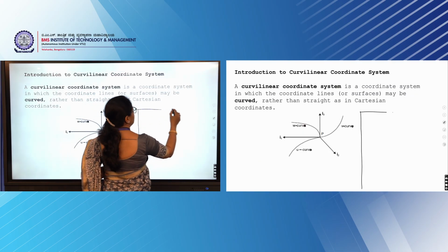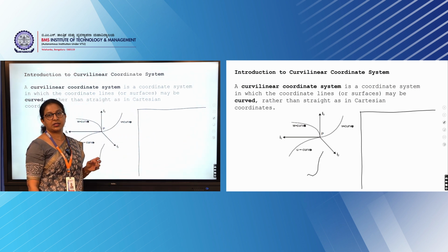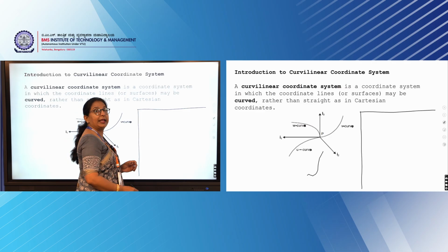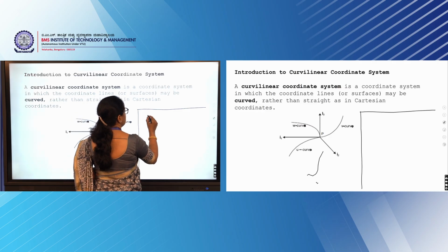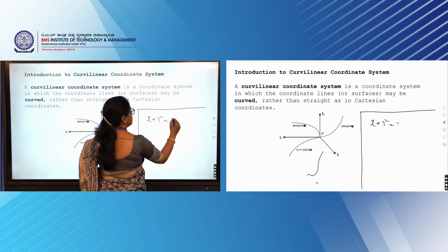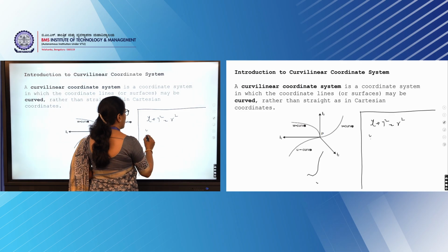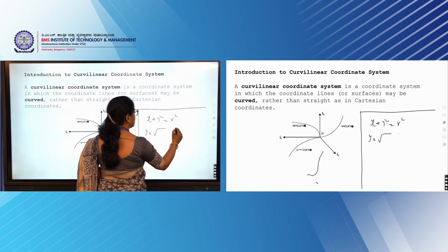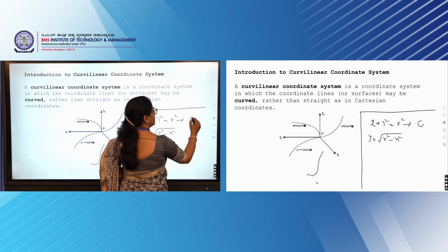It helps us with complicated equations like finding the area of a circle. For example, if we have a circle, the equation of a circle is x square plus y square is equal to r square. So y is equal to under root r square minus x square, this represents a circle.